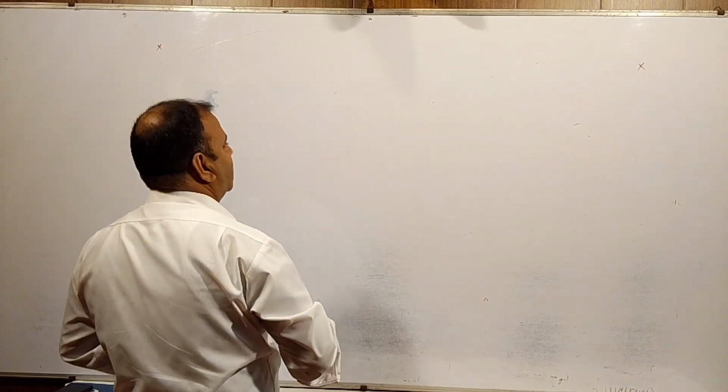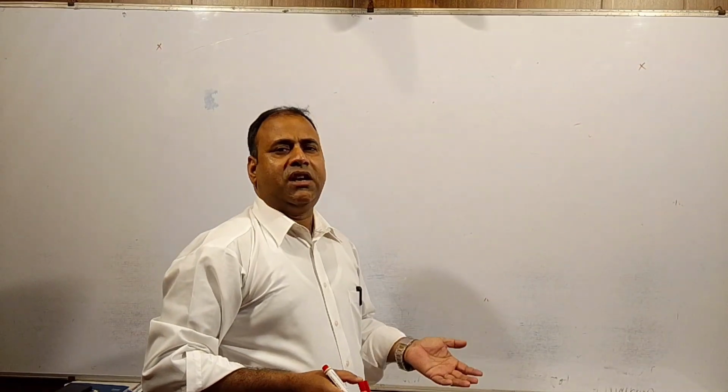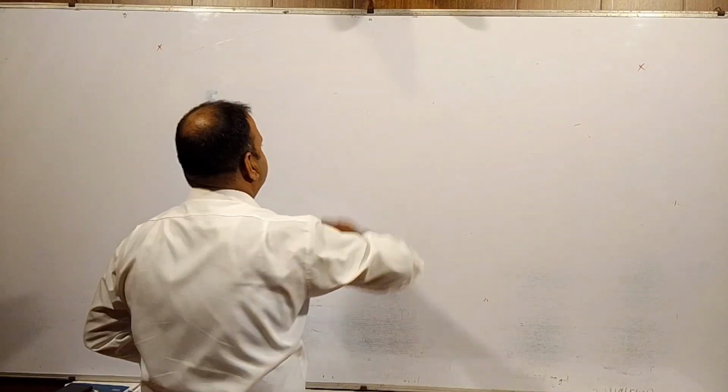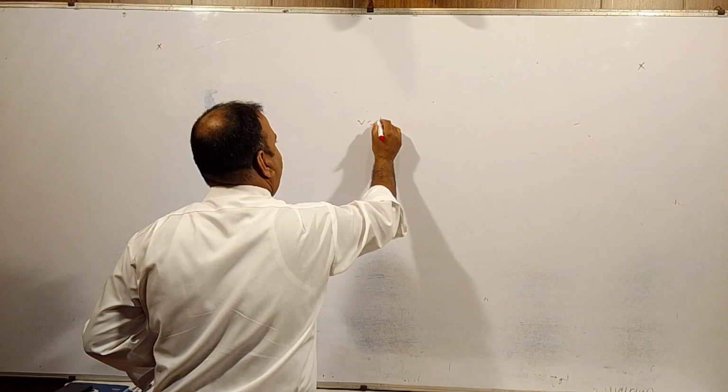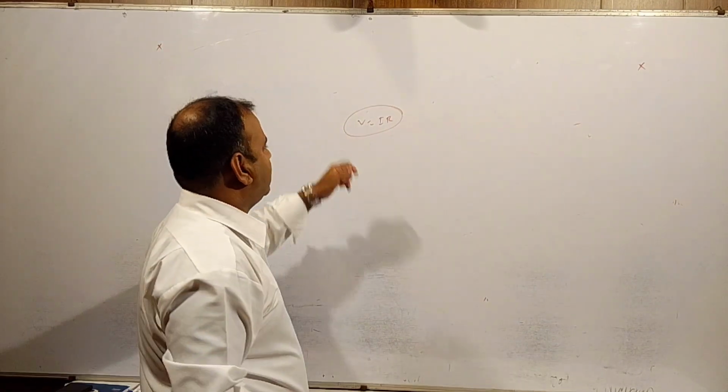Suppose we consider the relation between potential and electric current, V is equal to IR. This is the formula, and suppose one question is given related to this.